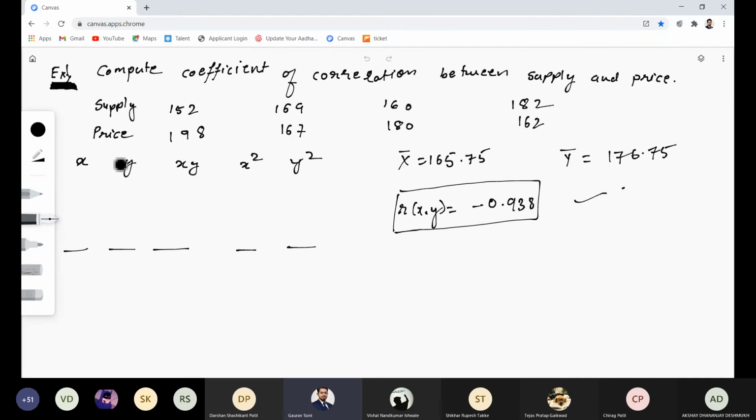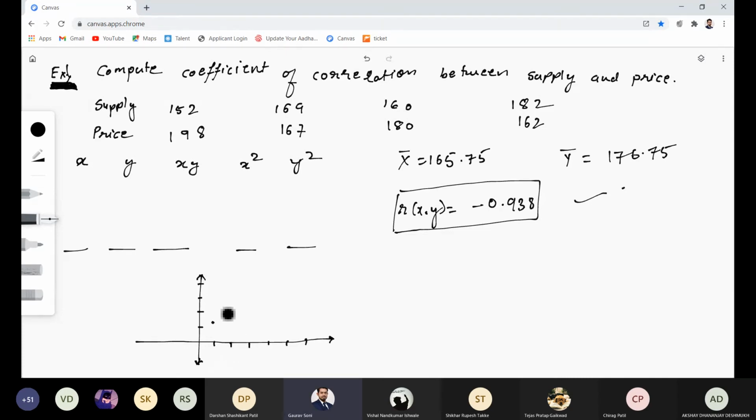In the previous example, what we have seen is, you have some data. If you plot this data, say 150 is 1 unit, so 152 x and this will be 190, so that will be somewhere here. 169, 167.